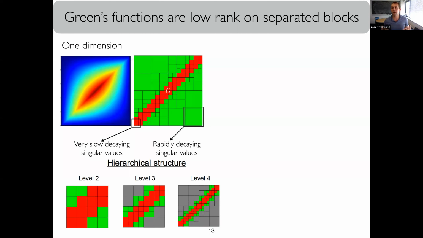So here's how we construct an algorithm that's rigorous, that works at recovering this Green's function. You take your domain. I'm imagining here it's a square. If it's not a square, you enclose it in a square. I'm just doing the pictures in 1D, but it also works in any dimensions. So you cut it up into pieces. Let's say here I took 16 pieces, and anything away from the diagonal is low rank.